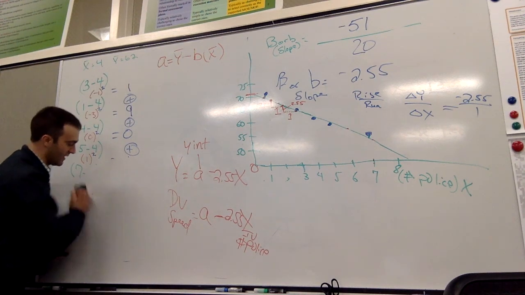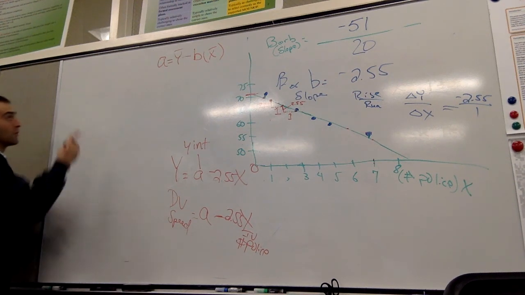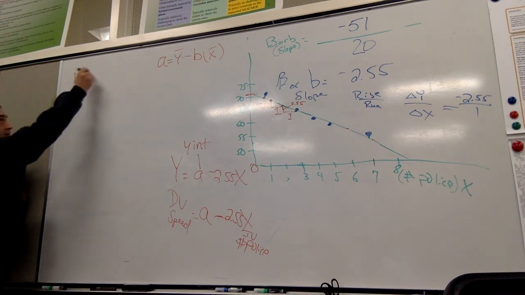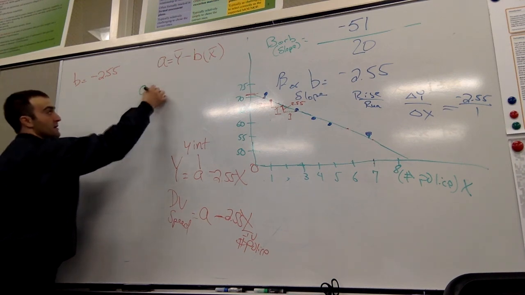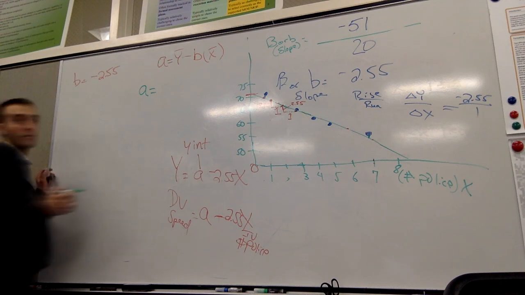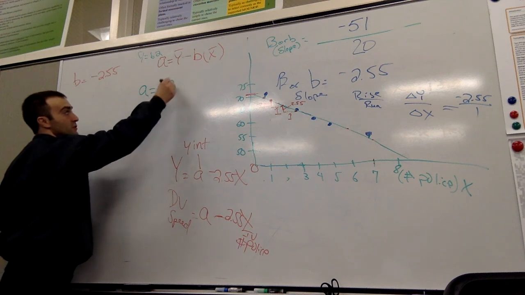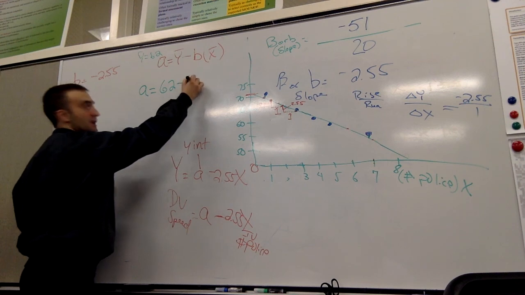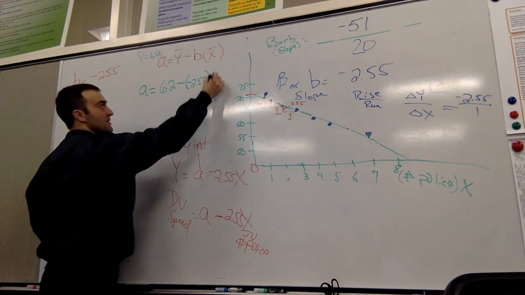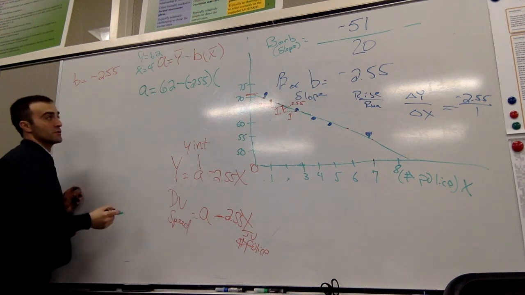And that will give you a. Remember, we've already calculated beta or b as a negative 2.55. That's the slope of that line. So the y-intercept, A, equals the mean of y, which we had calculated as 62, minus your beta, so minus a negative 2.55, times our x bar, or mean of x, which was 4.